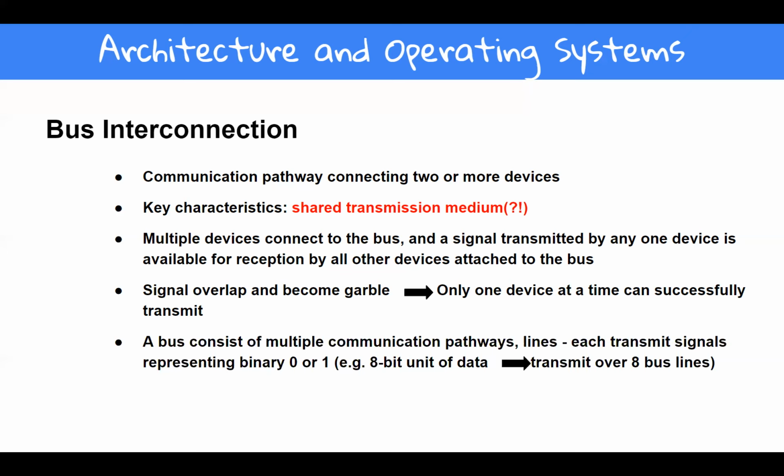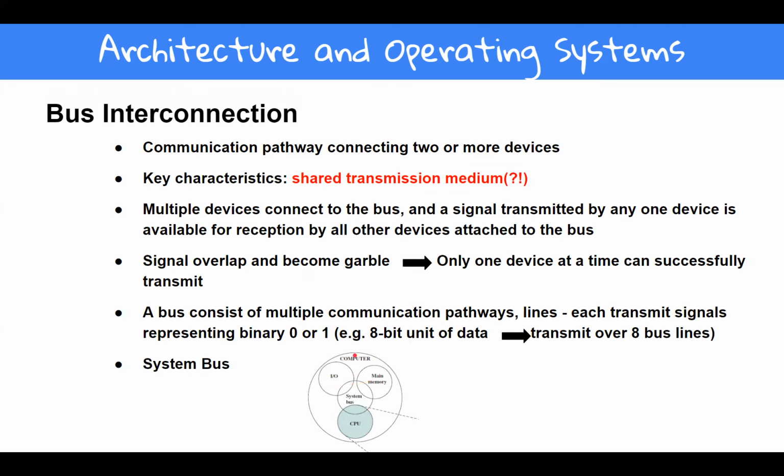Multiple of these lines together are called a bus. For example, if you have 8 bits of data and want to transmit them, you need a bus with 8 lines. Yes, you can have a bus with fewer lines, but if you want to send them simultaneously, you need 8 lines to be able to send 8 bits of data.